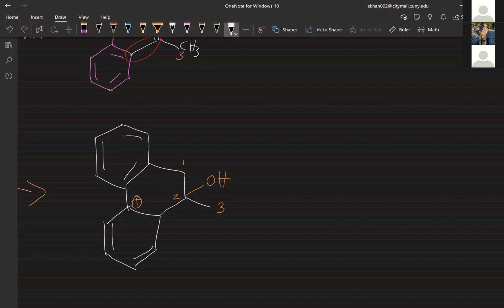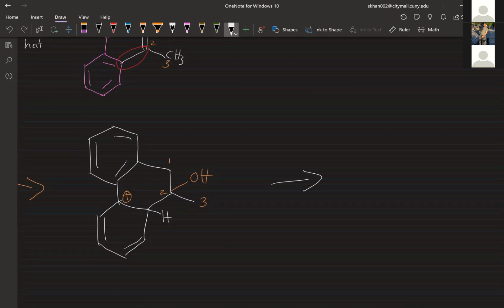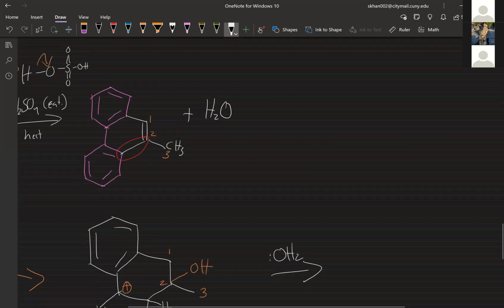So luckily for us, we have conjugate bases present, right? I'm just going to use water because technically water is probably present too. I guess you could use the conjugate base here, right?